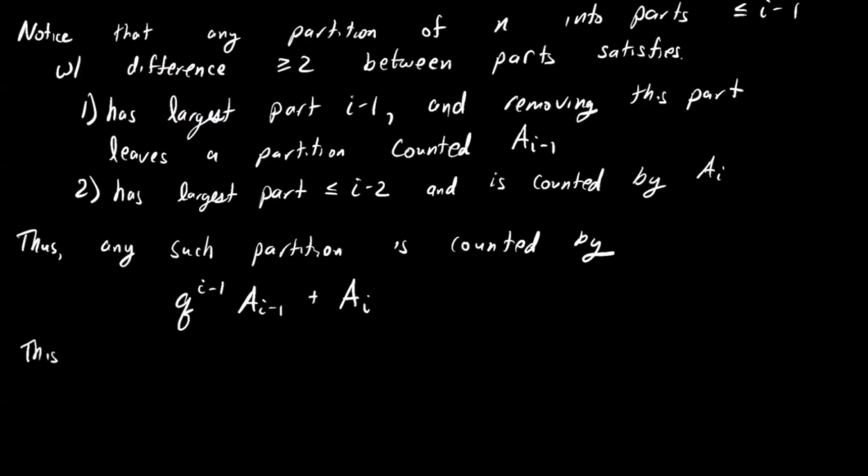So this is just a sub I plus 1. Right? So they have the same initial conditions, they satisfy the same recursion, therefore they must be the same object.